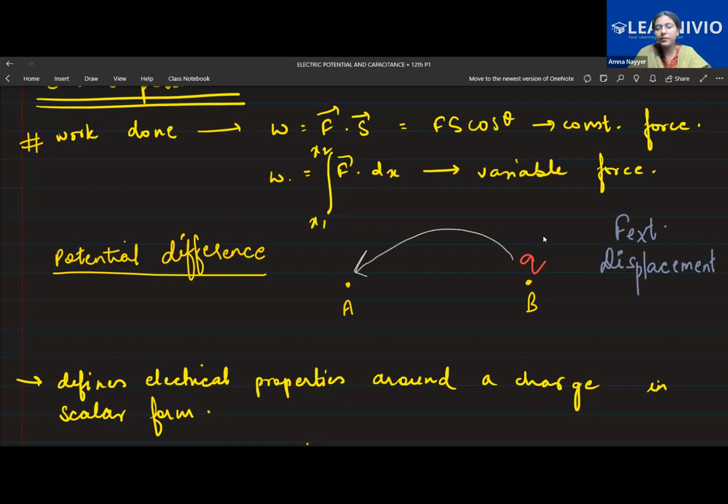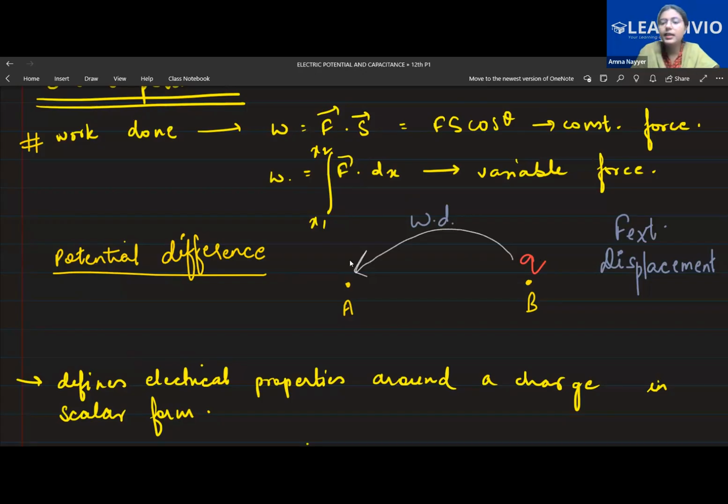Work done, right? So whatever is the work done in order to bring this charge from point B to point A is referred to as the potential difference. Whatever work is being done in bringing this small q from point B to point A is called the potential difference. Why is the work being done? Because there is some external force in your system which is bringing the charge to a point. Got it?